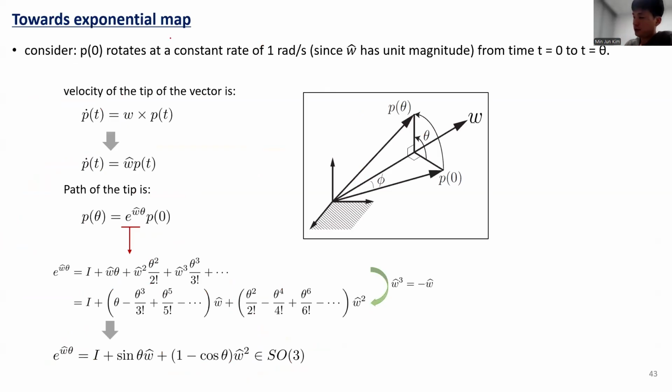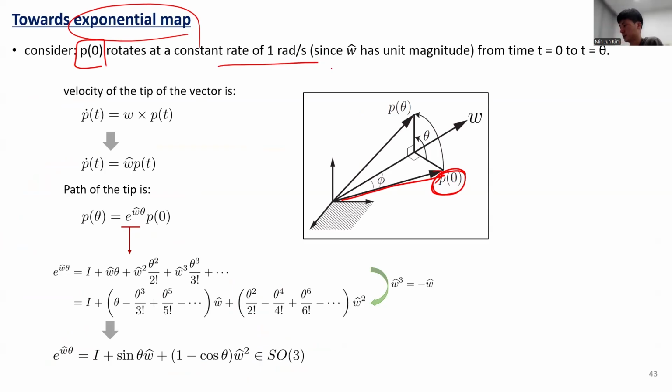Okay, let's then see what the exponential map is. So here's a vector p, and we are going to rotate this p0 vector with a rate of 1 radian per second from time t0 to t equal to theta, along the unit axis, of course, unit axis omega.